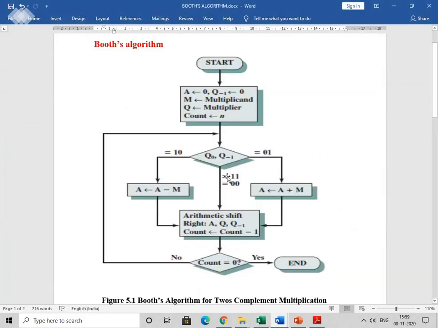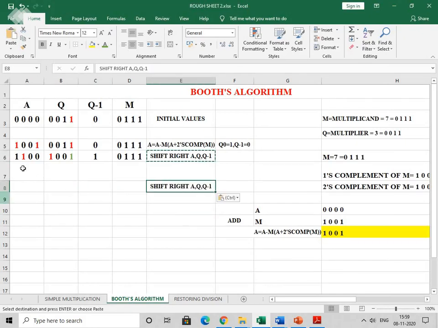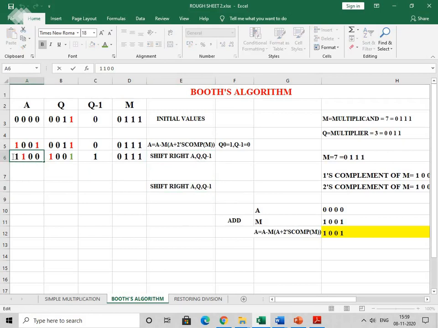So whenever the bits are same, Q0 and Q minus 1 are same, 1 1, then we are going to do only the right shift operation. So let's do it here. Now here this one, A n minus 1 bit position will come to A n minus 2. So therefore 1 1 1 0, right?